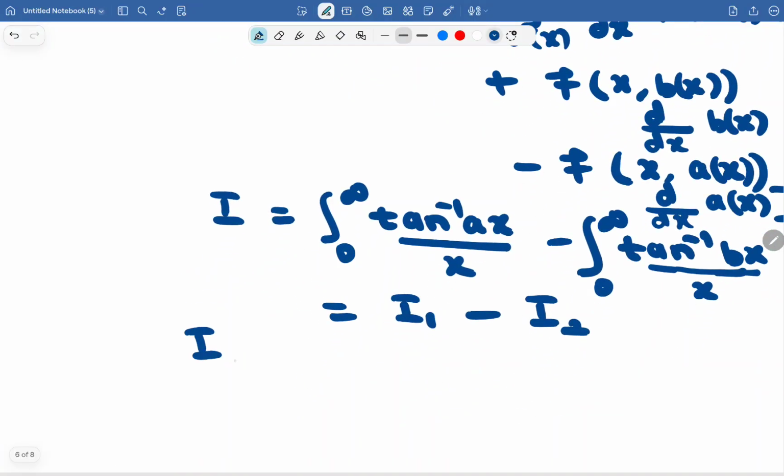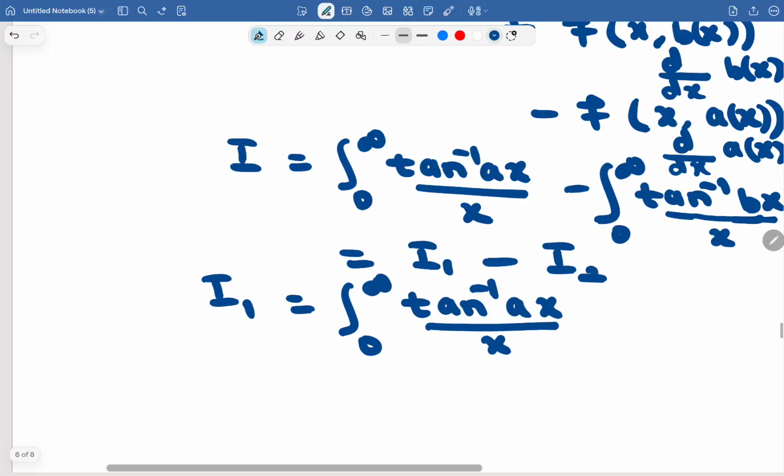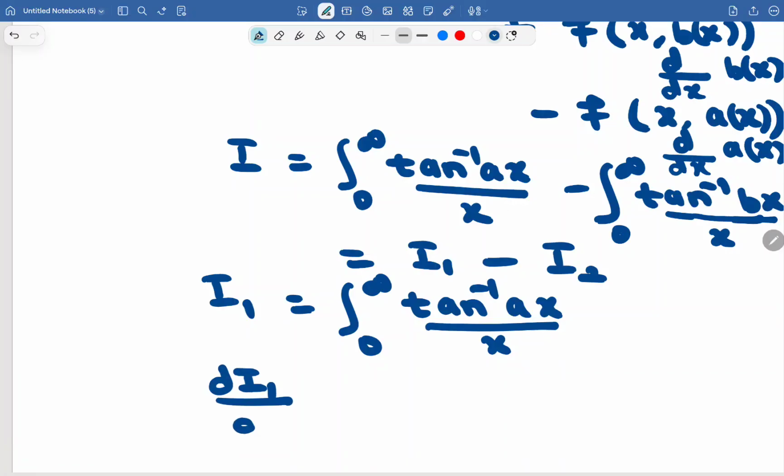First find I1. What is I1? Integral 0 to infinity tan inverse of ax by x. Differentiate with respect to a. dI1 by da, which is equivalent to, I am applying DUIS.